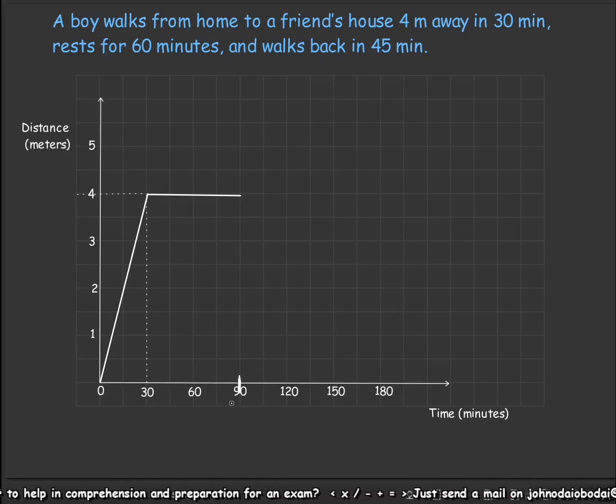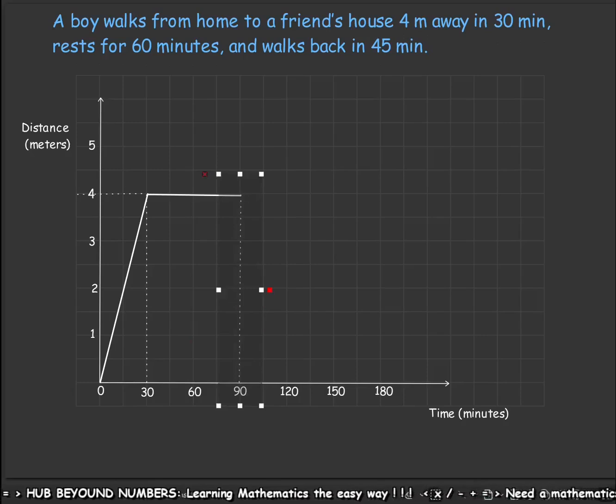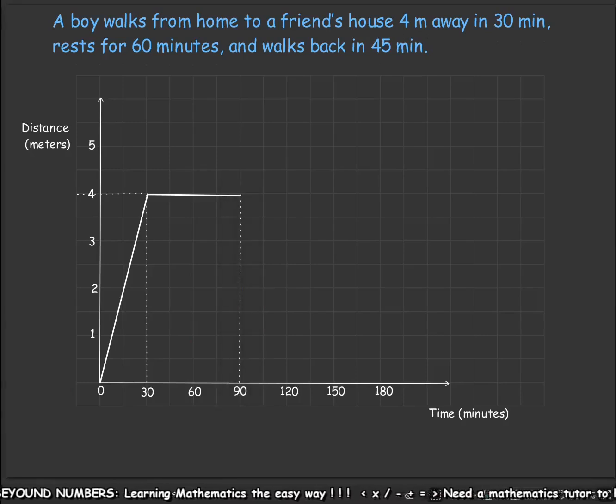So if we are here and we want to add 45 more minutes, let's take a look at the time he has now. He's at 90, then plus our 45, which is going to give us a 135.